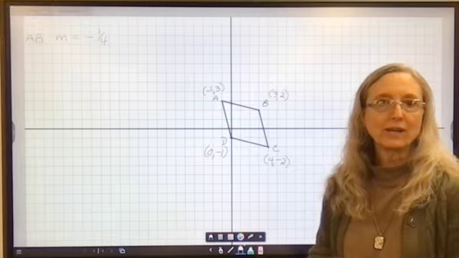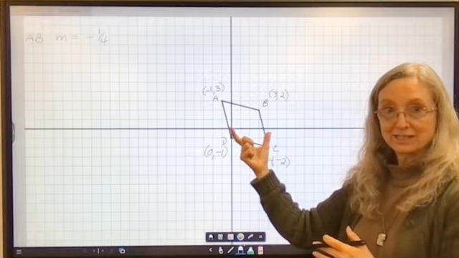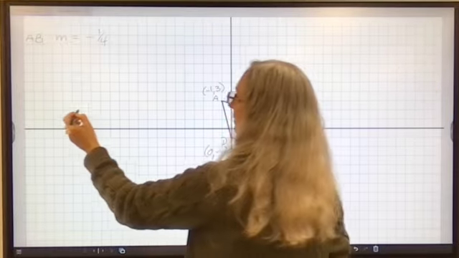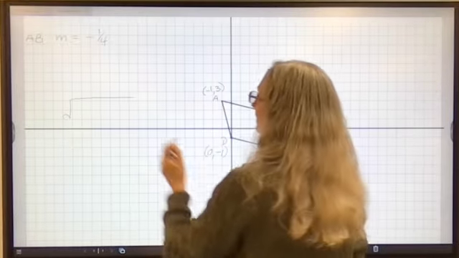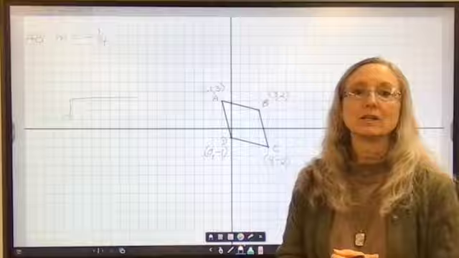So I found its slope, I notated it here. Now I'm just going to go ahead and find the length as well. Why not, since I'm working on this segment? How long is it? So remember, it is the square root of the difference between my x's, the difference between -1 and 3. So 3 minus -1 would be 4.